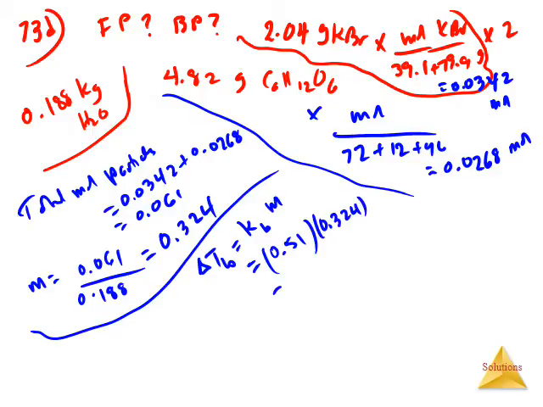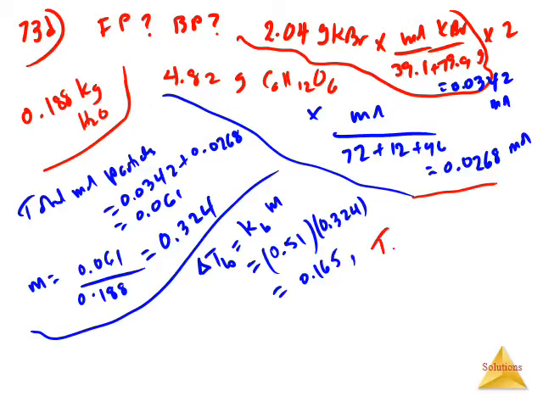And this gives me 0.165. That means boiling point has to be elevated by this quantity. And we know the normal boiling point.